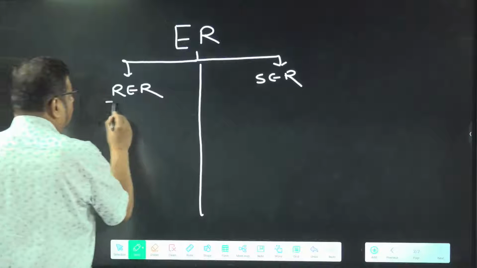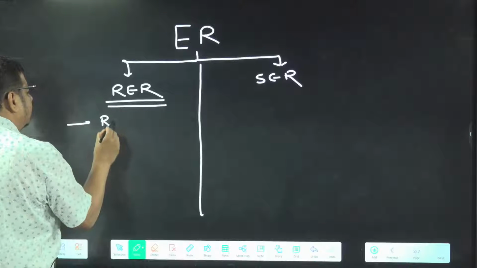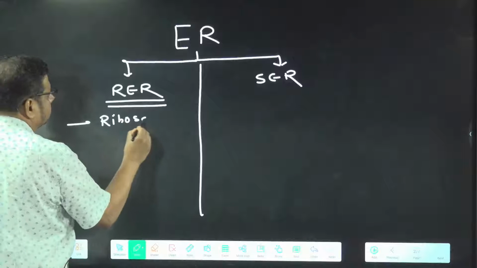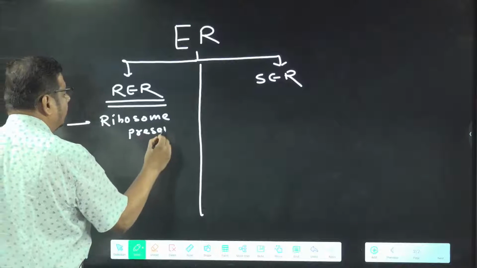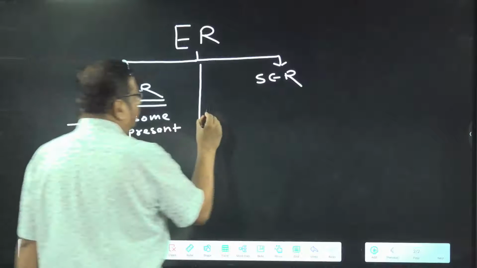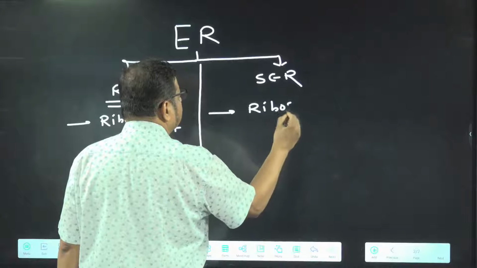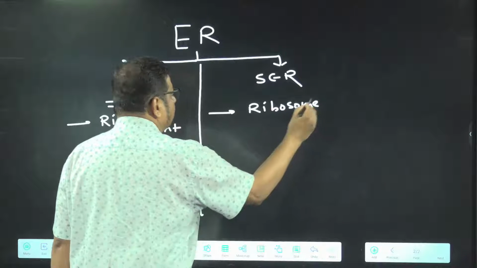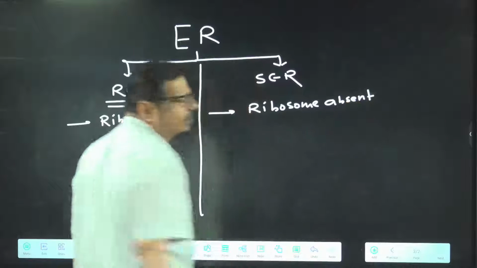In RER, what is present? Ribosome is present. Ribosome is present in rough endoplasmic reticulum, and in smooth endoplasmic reticulum, ribosome is absent on the surface. And where is ribosome present? It is present on the surface of ER.